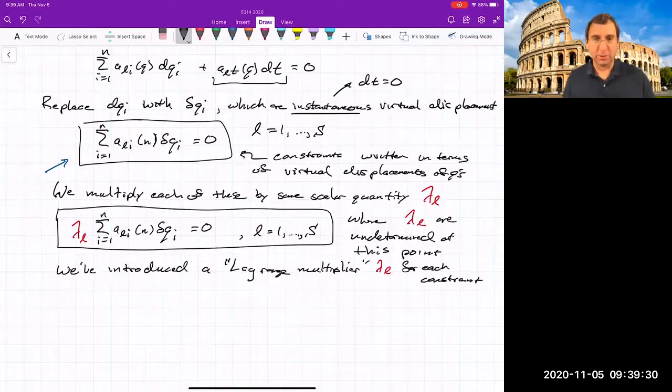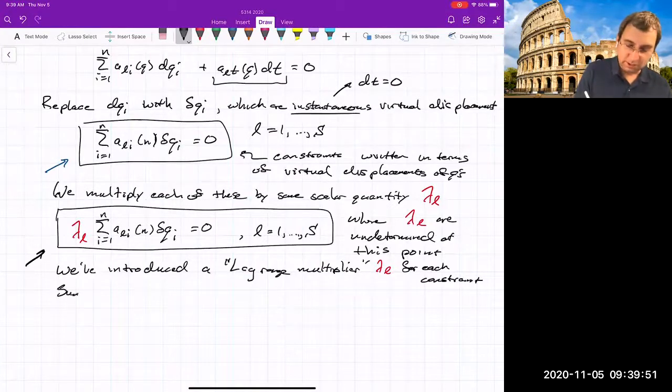We've got these lambda Ls. We don't know what they are, but we're going to sum over these S equations, which we are free to do. And if we sum over them, that's a summation that still equals 0 because we're summing over things that equal 0. So we're going to sum over the S equations.